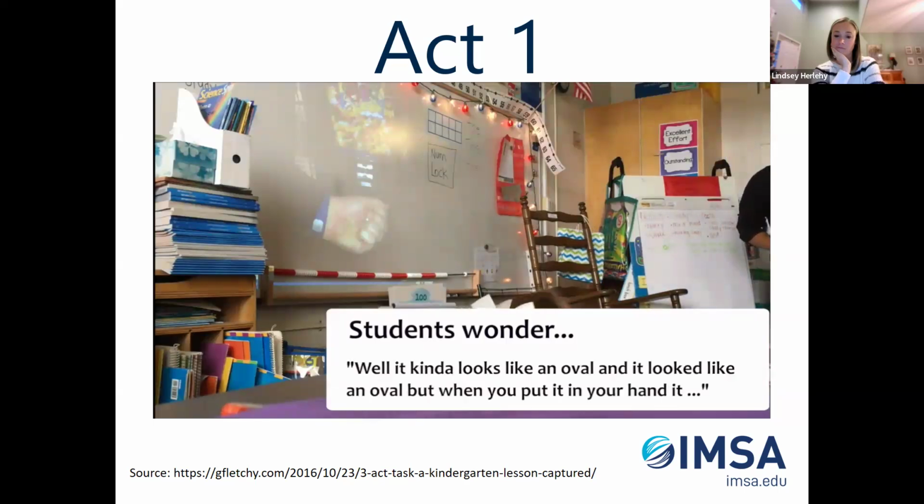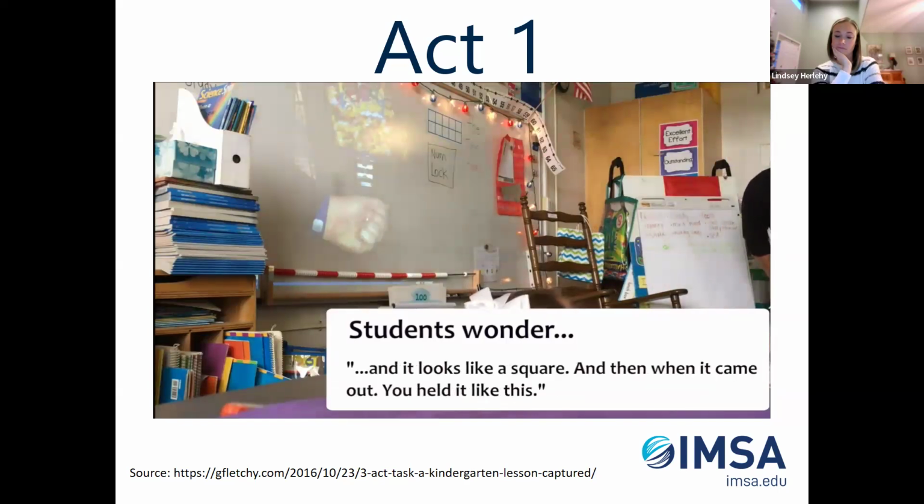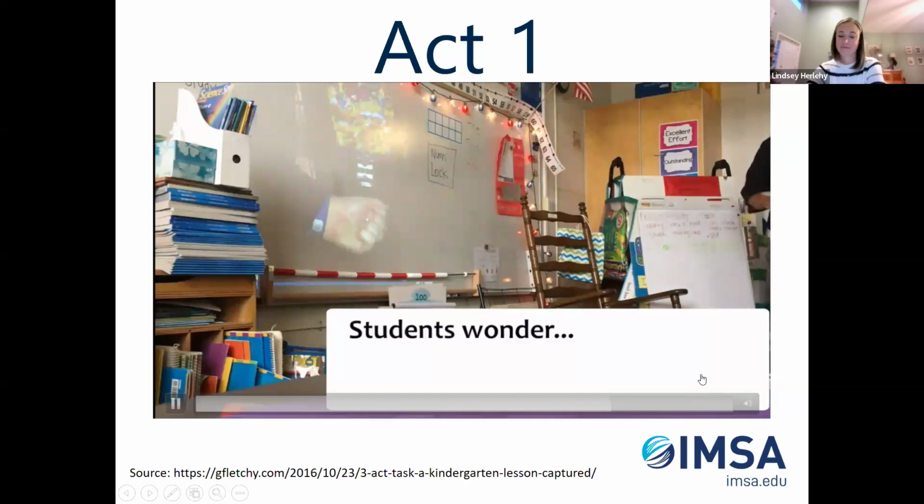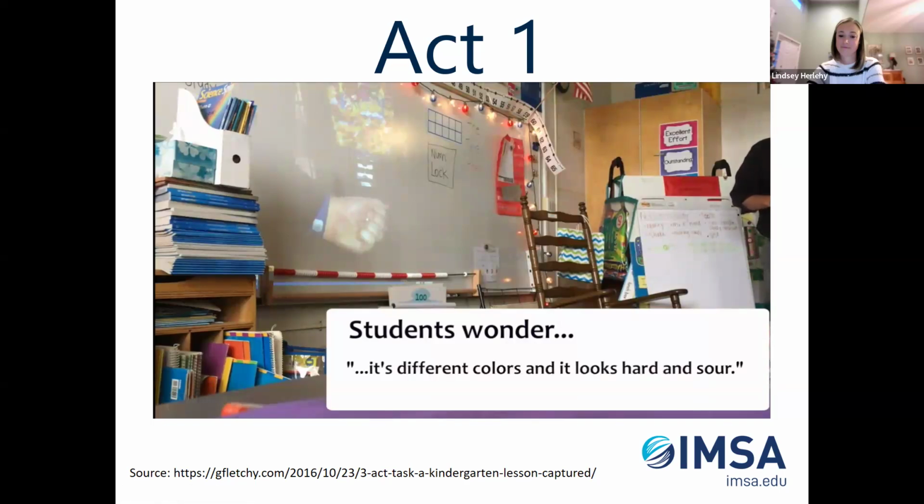It was kind of like an oval, and it looks like an oval, but when you put it in the hand, it looks like a square. And then when it came out, you had to stick it under it, take it out, and hold it. And I held it like this. Okay, so I held the candy in my hand when I pulled it out. What did you notice? I mean, what did you wonder? Sorry, what did you wonder? What's a question that you have? It's different colors, and it looks like. And it what? What did you say?